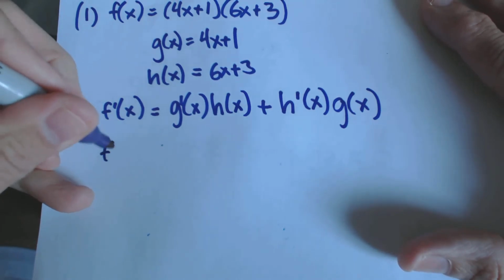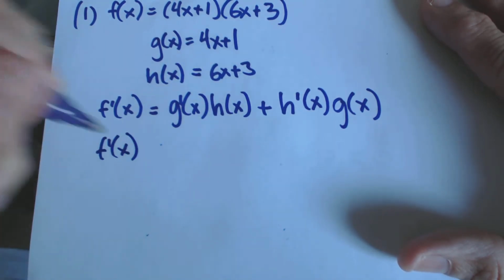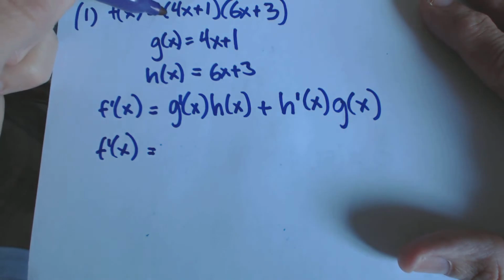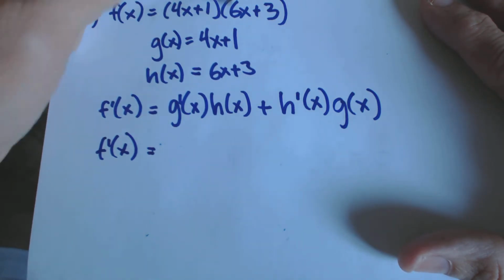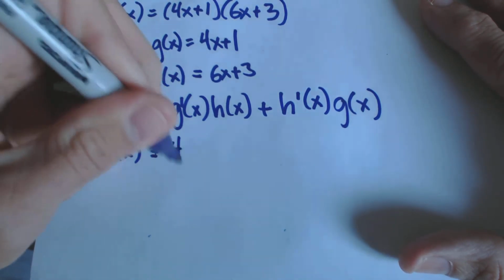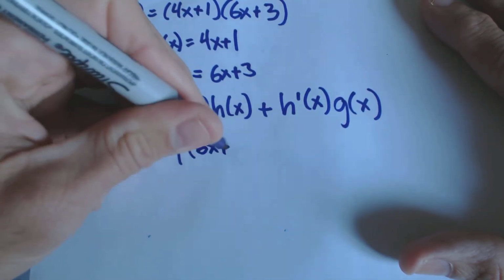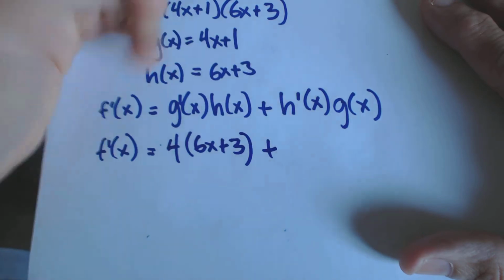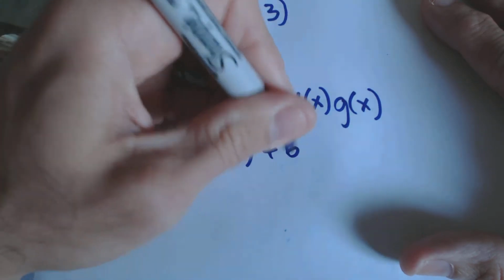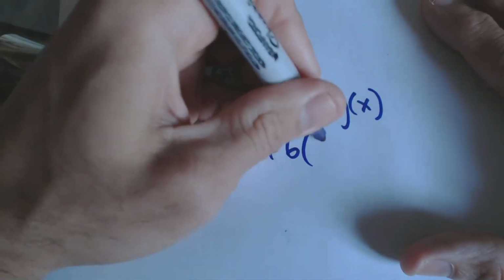Alright, so let's take the derivative of the function. It's going to equal the derivative of the first function, which is just 4, times the second function, which is 6x plus 3, plus the derivative of the second function, which is 6, times the first function, which is 4x plus 1.